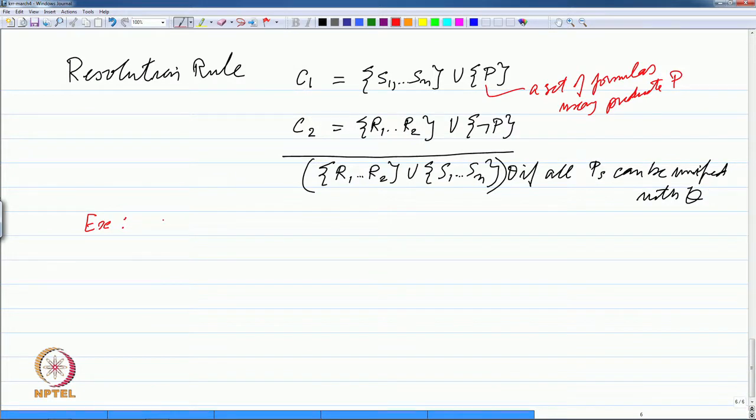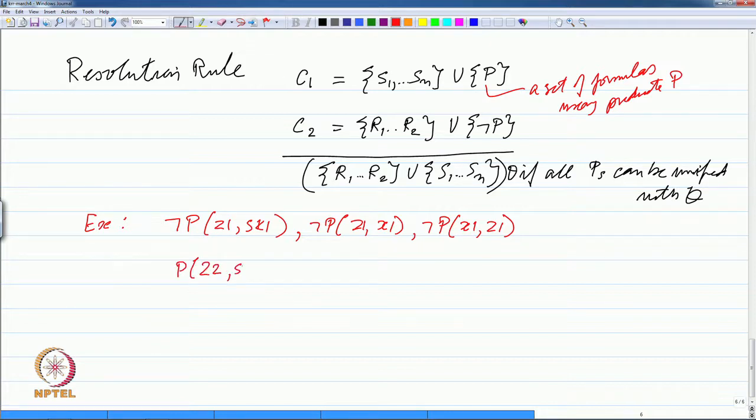So, not P Z1 SK1, not P Z1 X1, the same I am just rewriting it, not P X1 Z1, that was clause 1, and the second clause was P Z2 SK2 of Z2, P Z2 Y2.